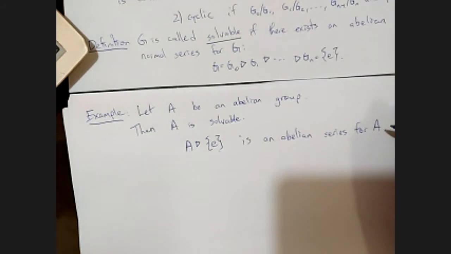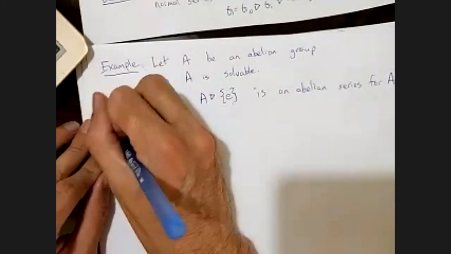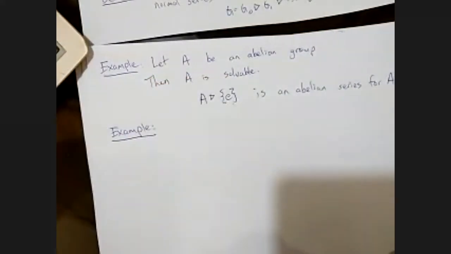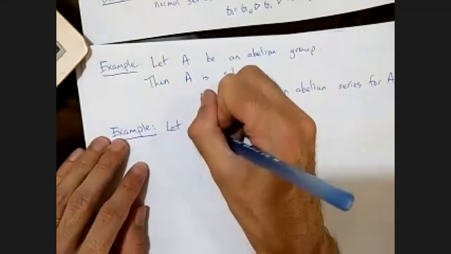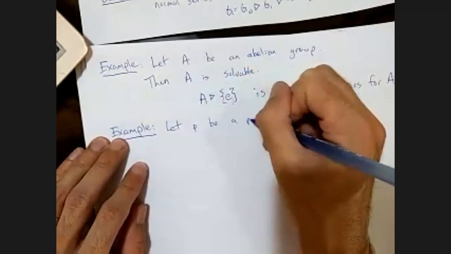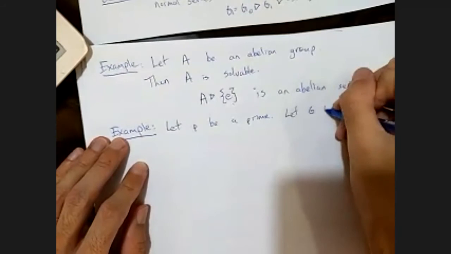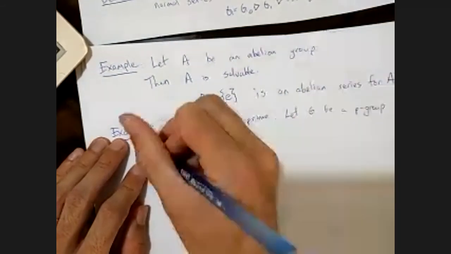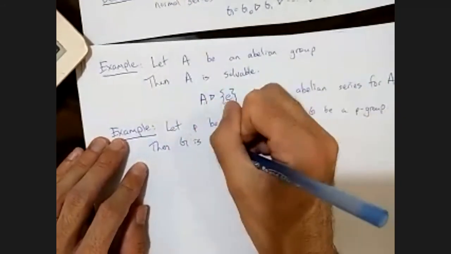Of course, that's not the only thing that can be solvable. Another example. Let P be a prime, and let G be a P group. Then G is solvable.